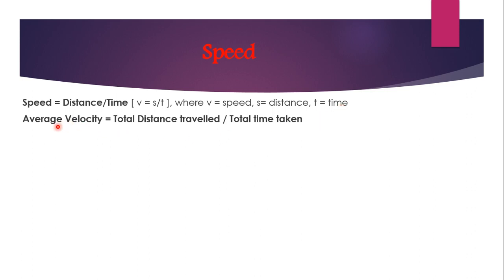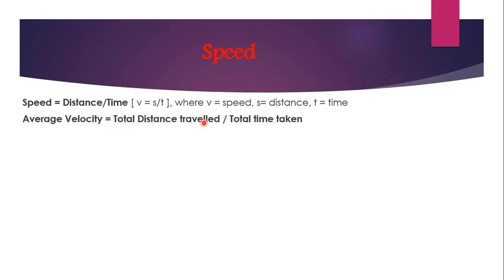Here we are trying to say average speed, not average velocity. Average speed is equal to total distance traveled divided by total time taken. Let's say an object is traveling with a speed of 20 kilometer per hour, and then it increases its speed and travels with 30 kilometer per hour.